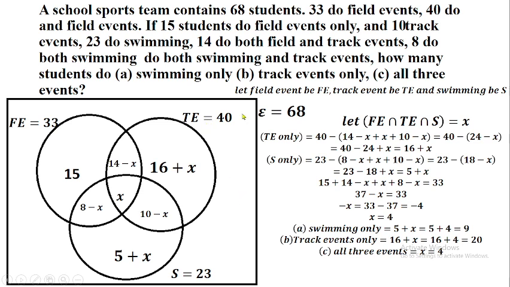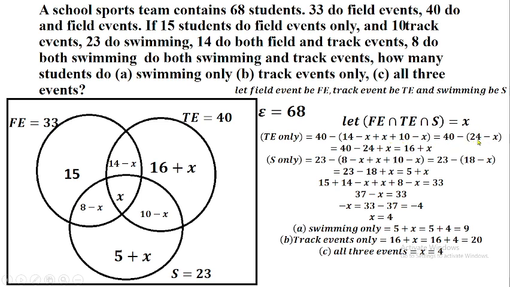That will be 40 minus, look at the circle of track event, this plus this plus this. So we have 40 minus 14 minus x plus 14 minus x plus 10 minus x, which is what you're having here. Then if you collect like terms, 14 plus 10 will be 24, minus x plus x will give us 0, 0 minus x will give us minus x.